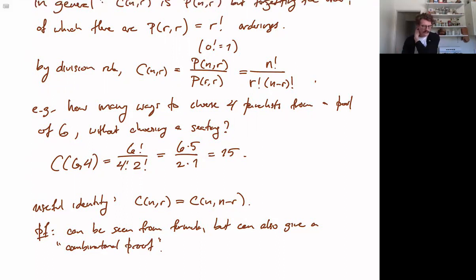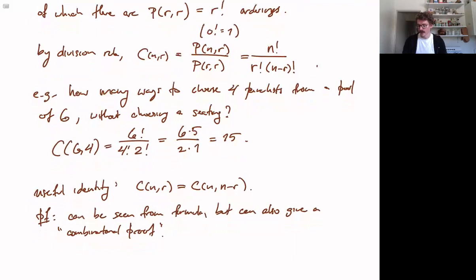Another way of saying this is that you are counting the same things in two different ways. This is a common way to find identities in combinatorics: you take some element and you count it in one way, that gives the left-hand side of your formula, and you count it in another way, that gives the right-hand side. And that shows that the formula is true because they're counting the same objects.